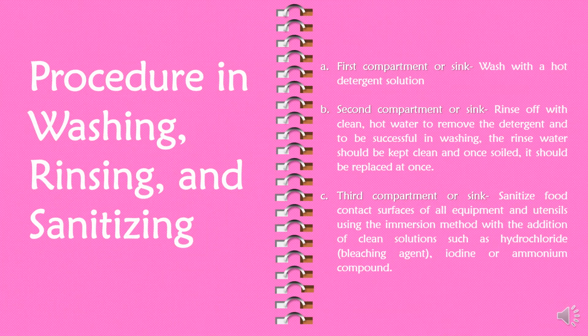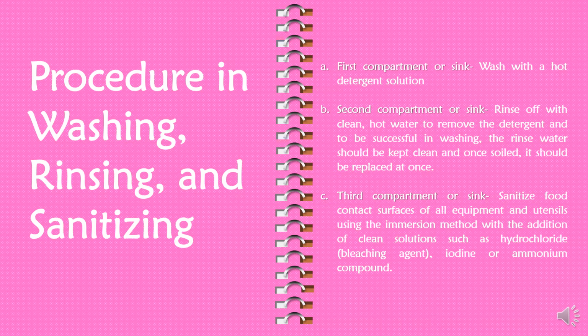Still on the procedure in washing, rinsing, and sanitizing. First compartment or sink, wash with a hot detergent solution. Second compartment or sink, rinse off with clean, hot water to remove the detergent and to be successful in washing.